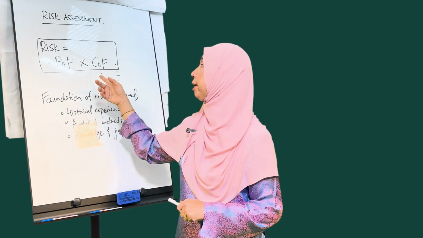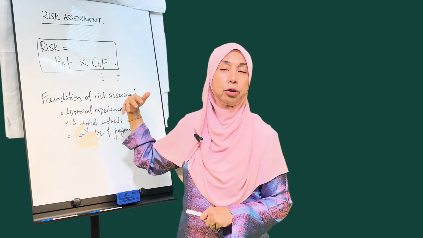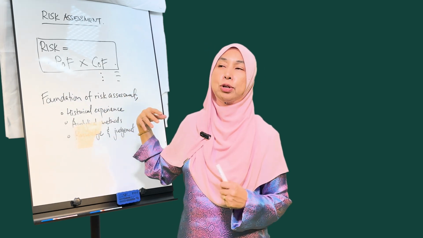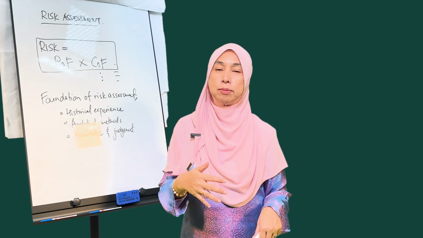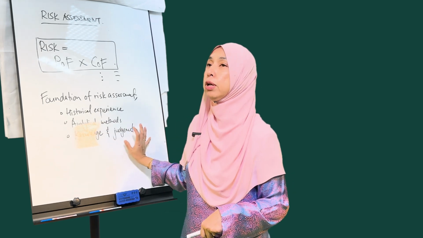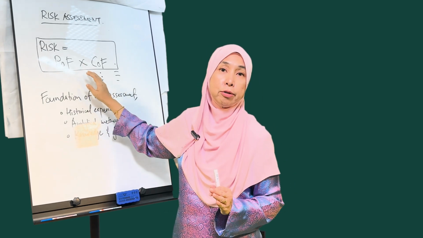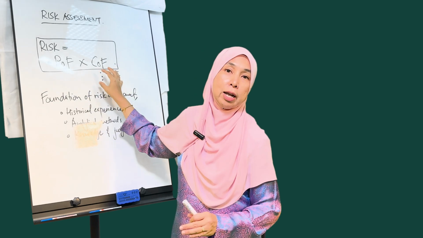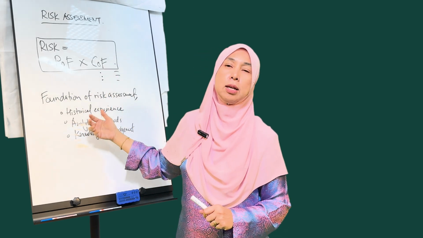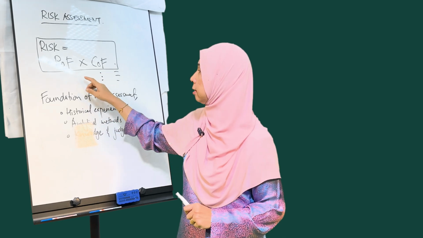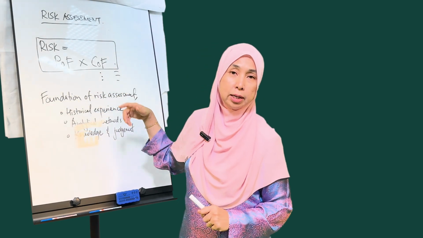The equation for risk will later be brought into what we call a matrix. You will learn about that in the next subtopics. But for now, in order to find risk, you need these information sources as guidance to classify what is under POF and what is under COF.